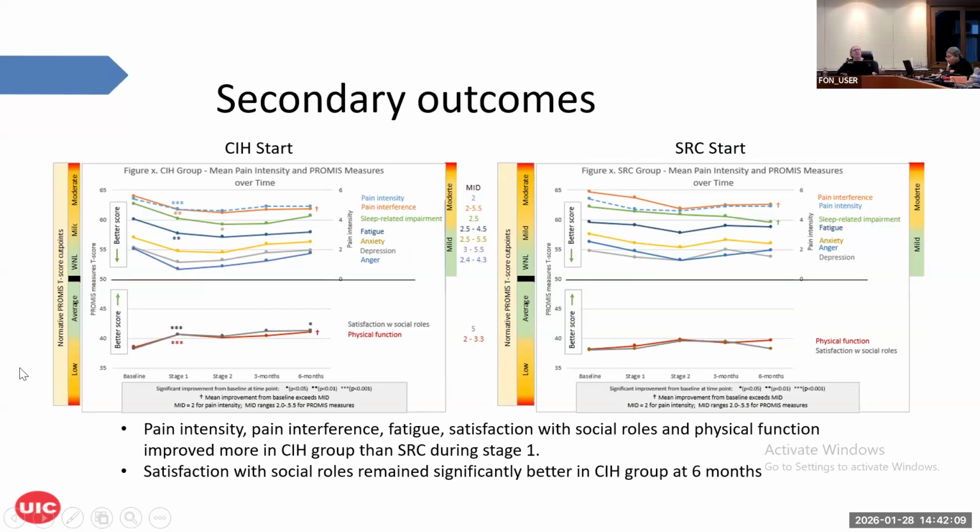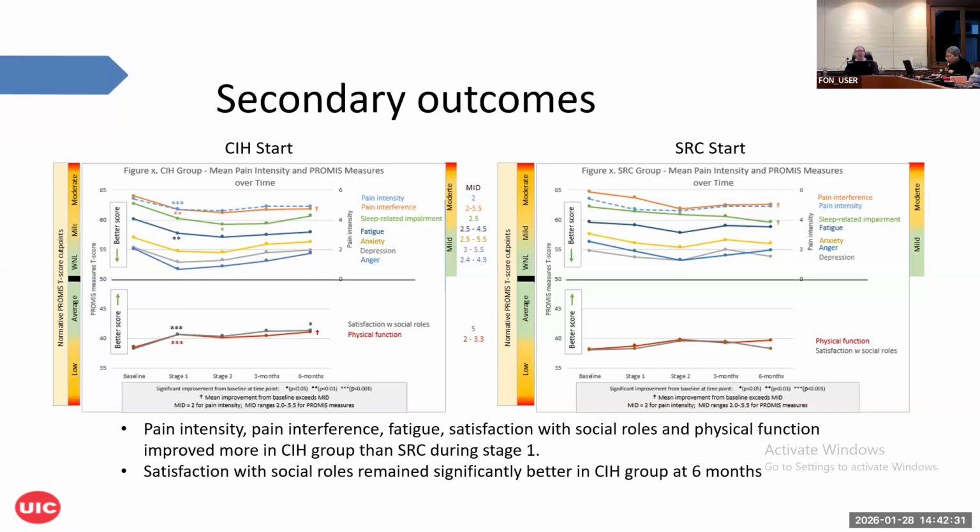Now I wanted to show you a little bit more, and hopefully on Zoom you can see this a little bit better than in the room, because from here it looks pretty small. So I'll just walk you through some of our secondary outcomes.